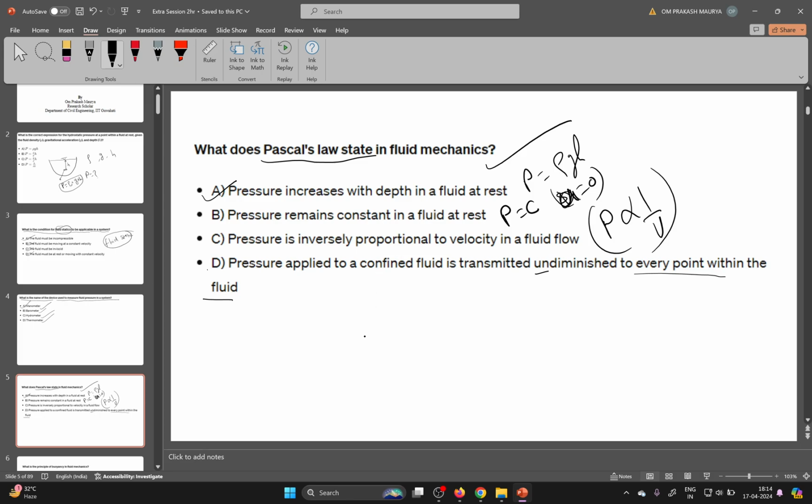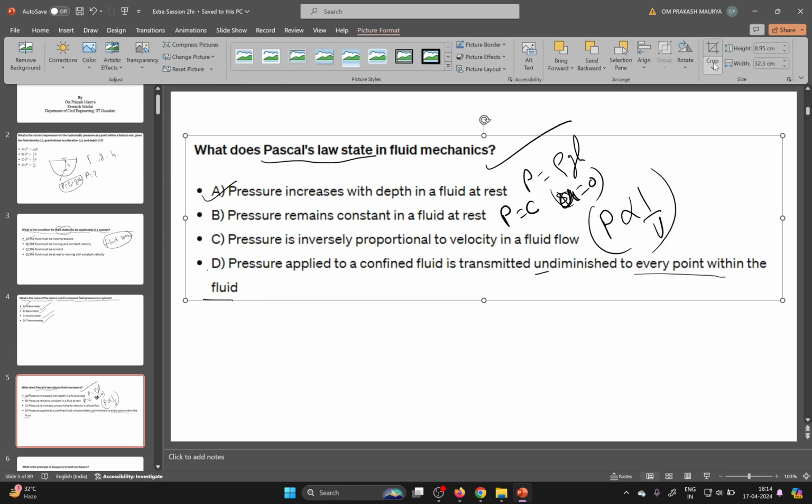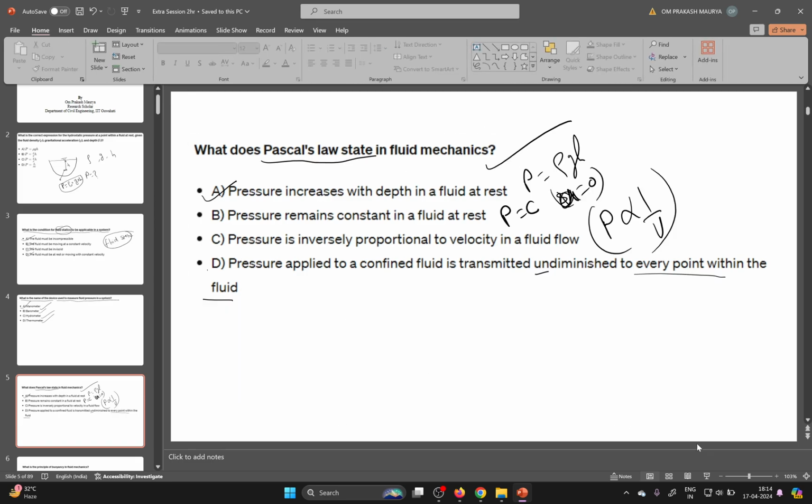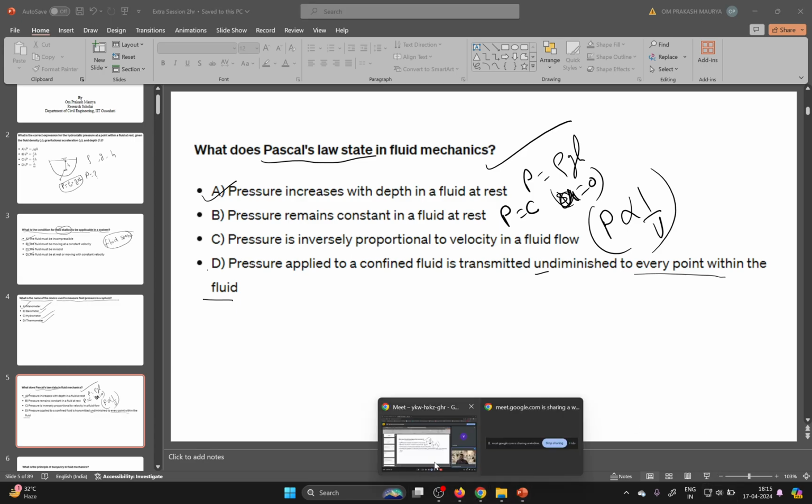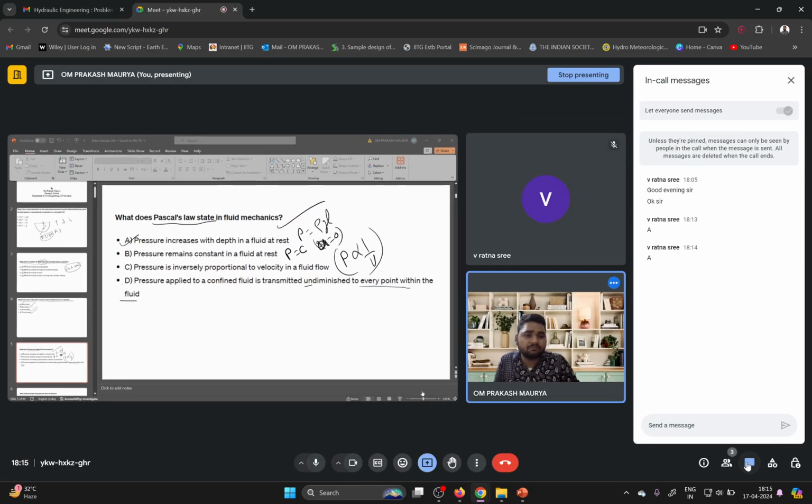Which option is correct, A, B, C, D? So for this question, are you talking about option A, or the previous question?